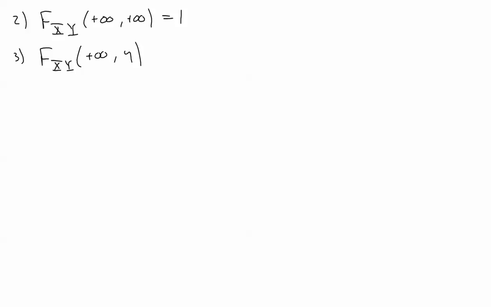If I take my joint CDF and let x equal plus infinity, I take out the variability in x, I leave only behind the variability in y, and I get my marginal cumulative distribution function. Recall that is the probability that y is less than or equal to some unspecified level.